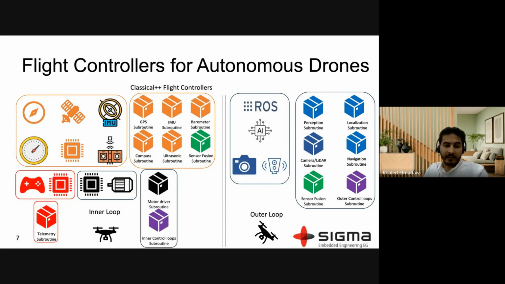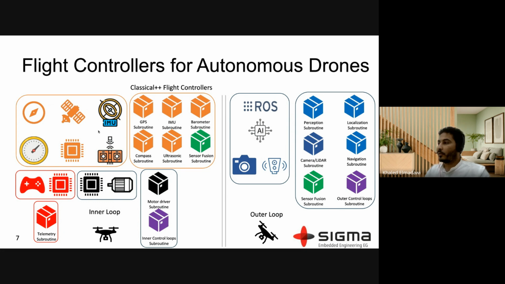And then there is another approach, the second approach, pardon me, which is the classical plus, where simply, why won't we have a mission computer that helps the drone do much more complex processes and interface with more advanced sensors, for example, ones that require computationally costly processes or processing power to compute.